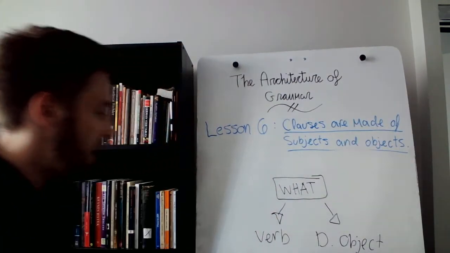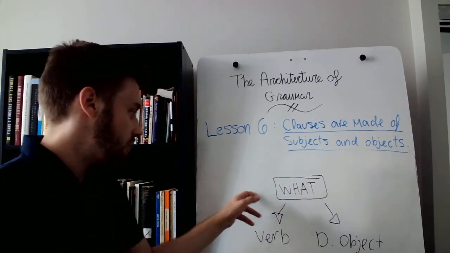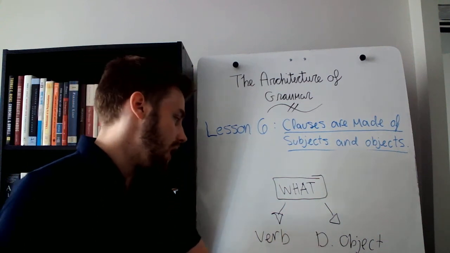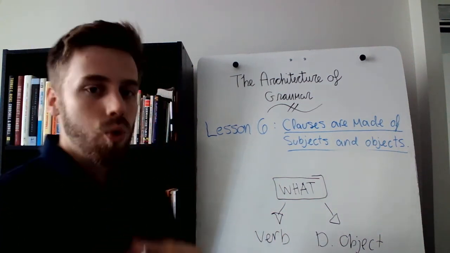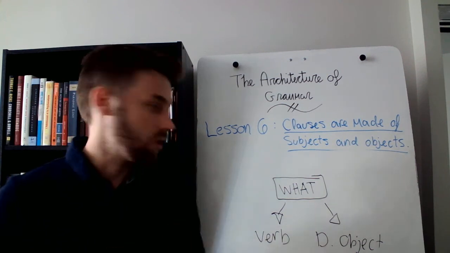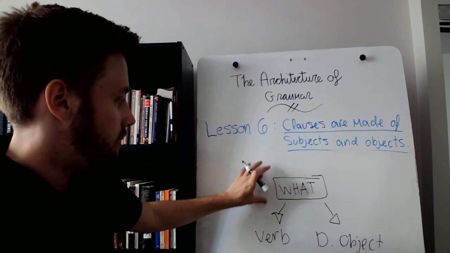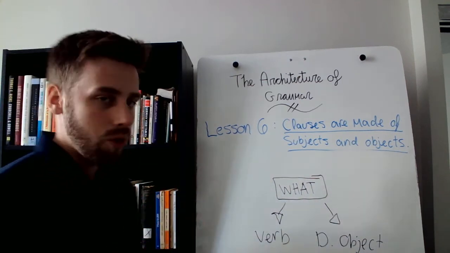So the who is just the subject, but the what is the verb and the direct object. There are two components essentially to your what.